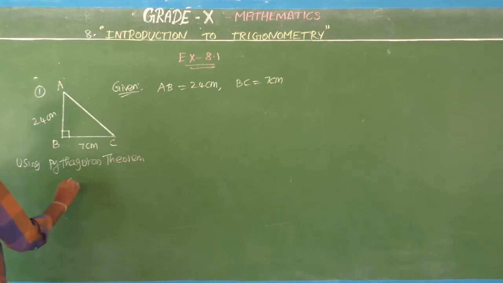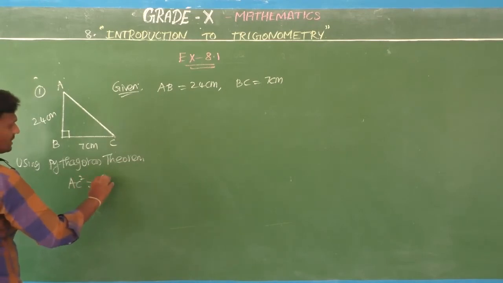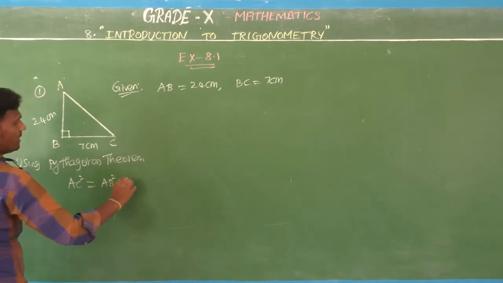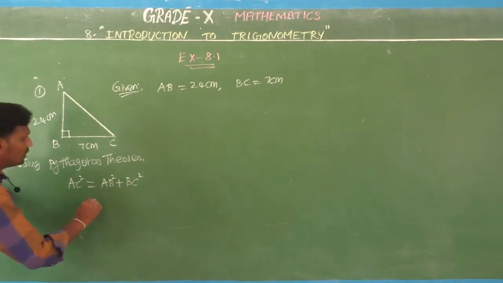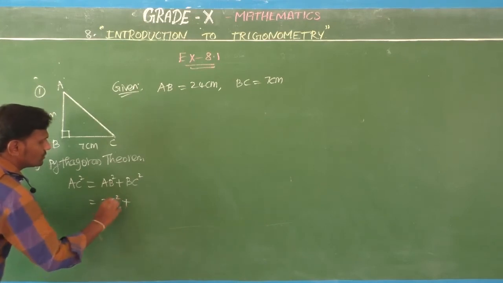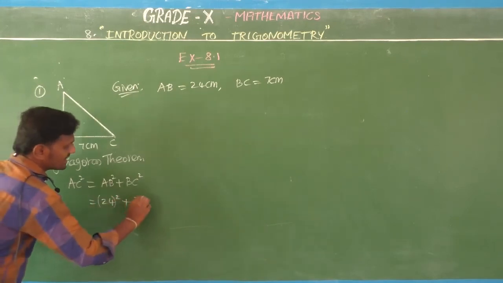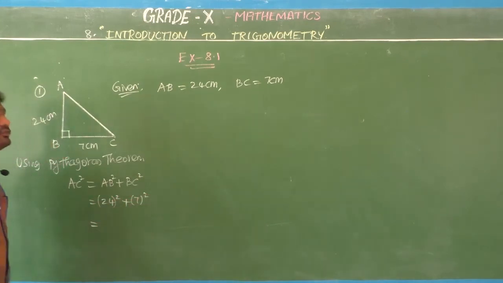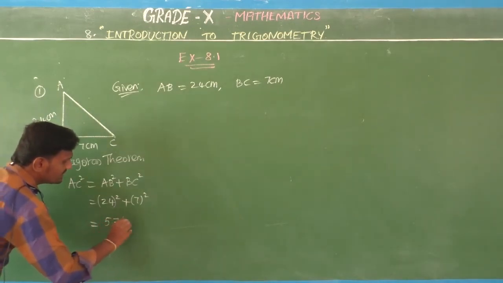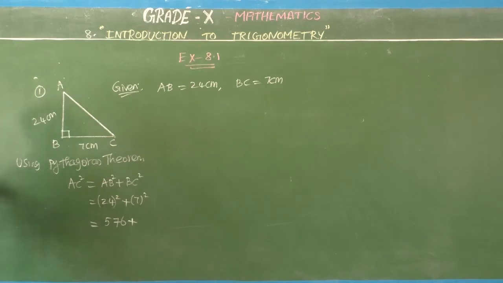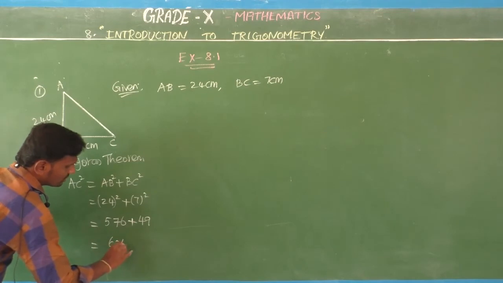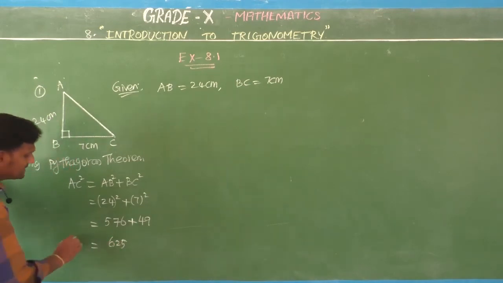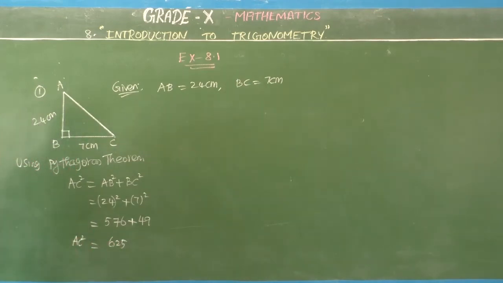Using the Pythagoras theorem, AC square is equal to AB square plus BC square. Already you have AB is 24, so 24 square, plus BC is 7, so 7 square. 24 square, you already know, is 576, plus 7 square, which is 49. Add this to get 625.